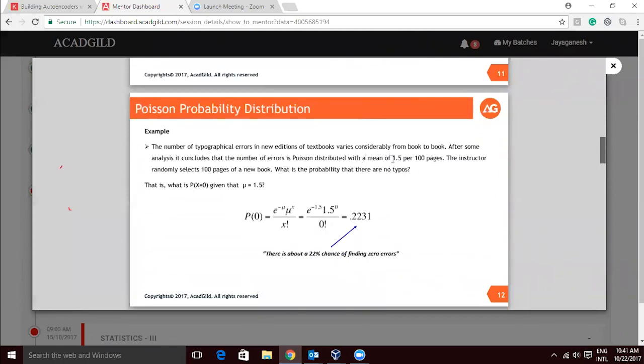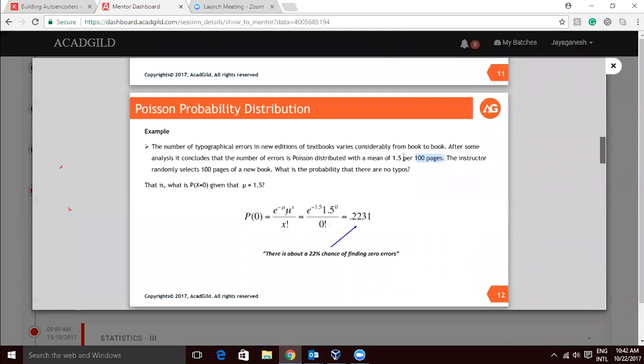I have a textbook, and when I analyze 100 pages of this textbook, I find that the number of errors behaves like a Poisson distribution with a mean of 1.5.